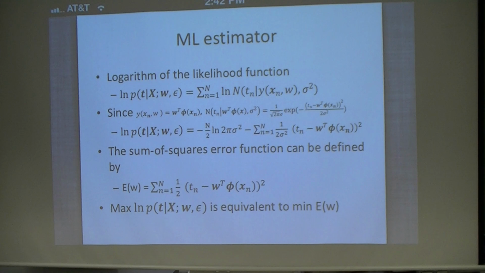And since we assume the regression function y(x, w) is a linear combination of some nonlinear functions of x_n, and the Gaussian distribution is given in this form, we plug in those two terms into the logarithm of the likelihood function. Then we can express it like this.